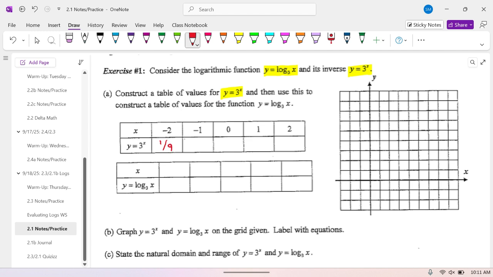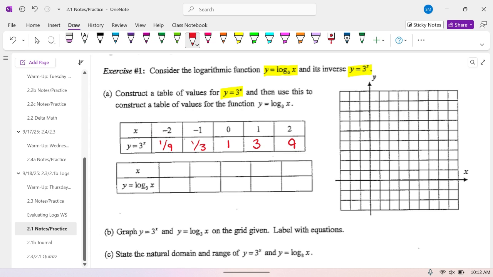It's the same thing as 1 over 3 squared. What about 3 to the negative 1 power? 1/3. It's the same thing as 1 over 3 to the first. 3 to the 0 power? 1. Anything raised to the 0 power is 1. 3 to the first power? 3. And then 3 squared? 9.